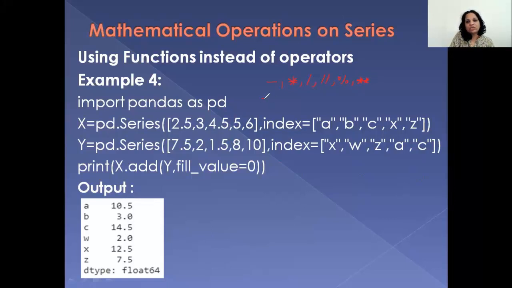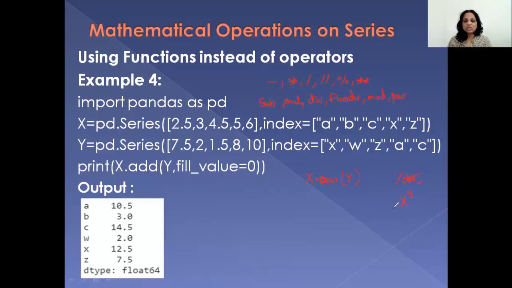And the functions for each of them would be sub for subtraction, mul for multiplication, div for division, floordiv for floor division, mod for modulus, and pow for exponent, which means if I write X dot pow Y, what does this mean? X star star Y, which is X raised to Y, and you would give an answer. But remember, you don't have a fill value, so you could be seeing a NaN value as well.